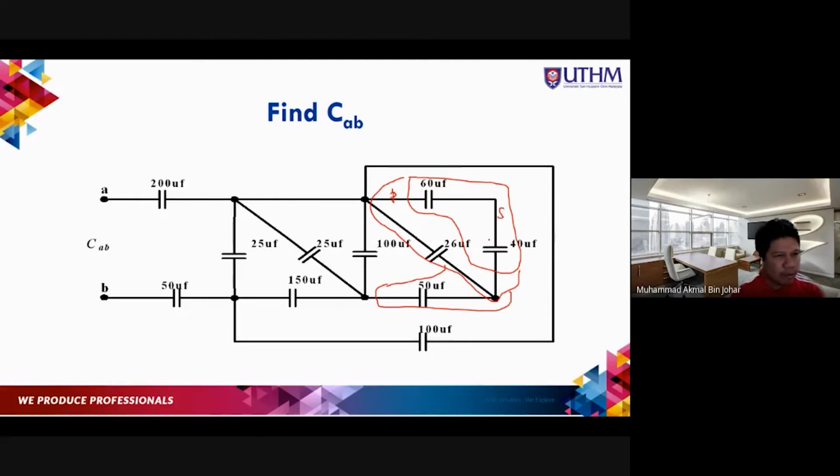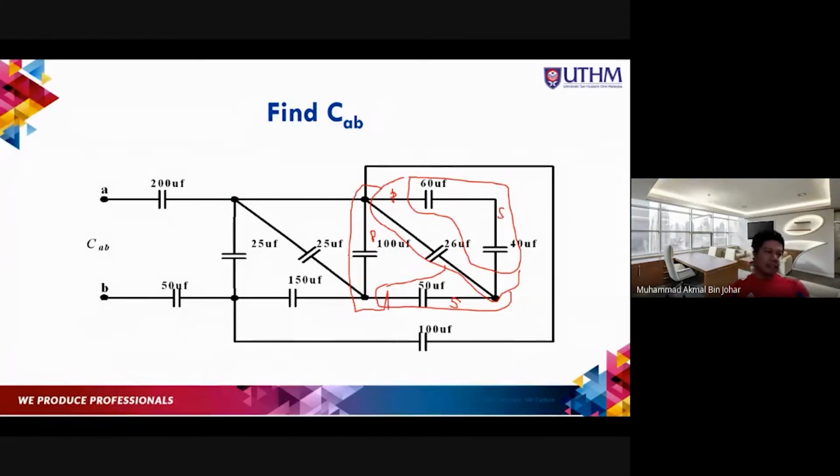Hasil series kira dulu, and then parallel terhadap ini, terhadap hasil series ini, campurkan. Lepas tu dia akan series balik, barulah dia parallel terhadap hasil ni. Baru dia parallel balik ini. So kena calculate step by step. Tengok point dia. Okay. So this point masih share dengan this.